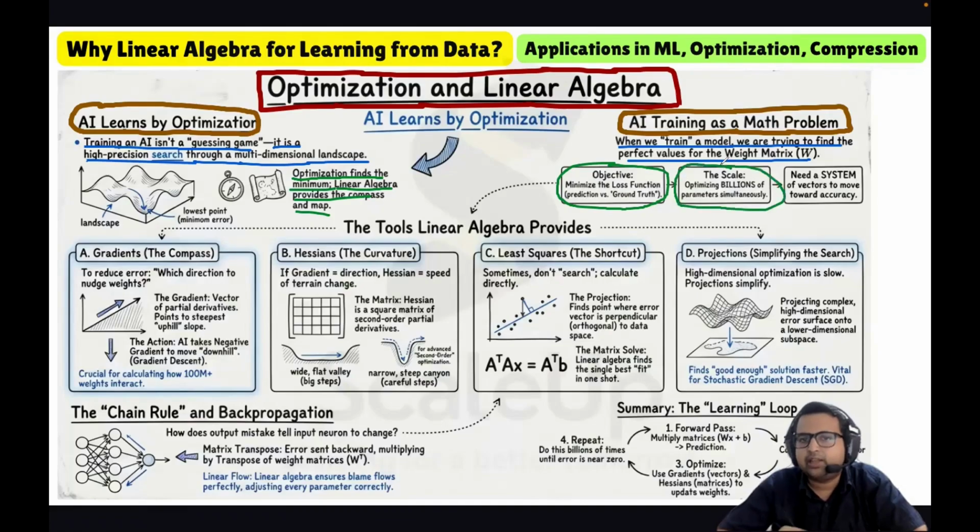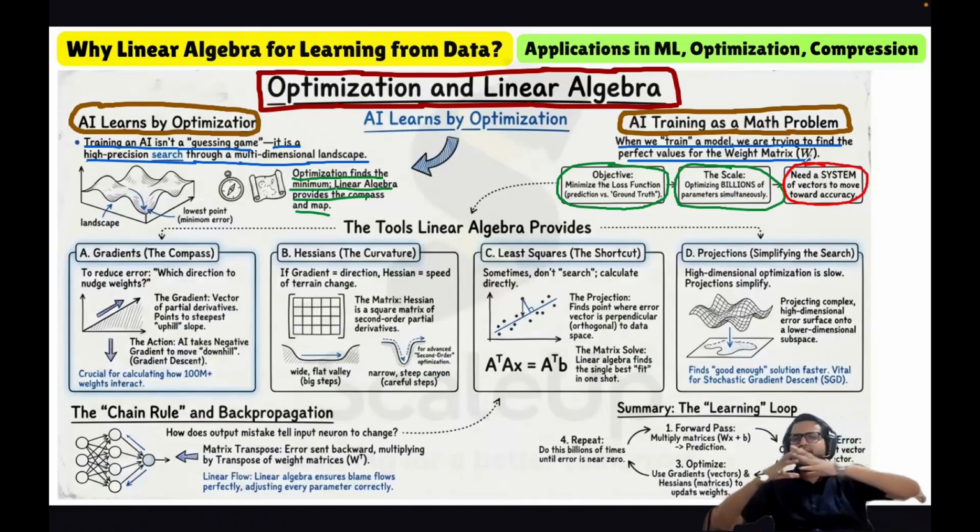Now the scale. To minimize the loss function, we will be optimizing billions of parameters simultaneously. And we cannot do it by hand. We will need a system of vectors to move the model towards accuracy.